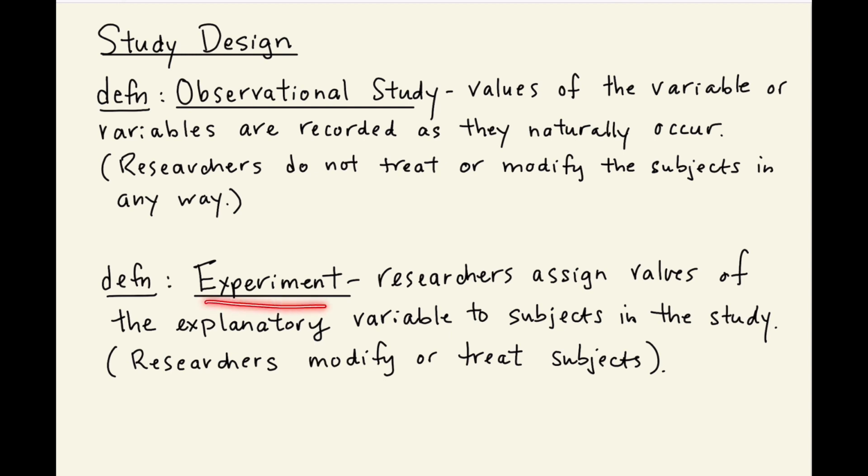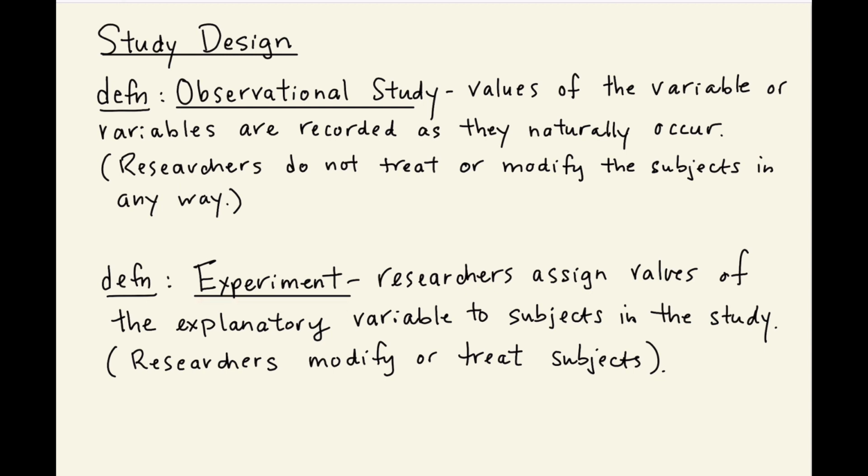In an experiment, the researchers assign the values of the explanatory variable to the subjects in the study. So the researchers do modify and treat the subjects. So in our second method, when the researchers assigned the individual subjects to either brand A or brand B or a placebo, that's an example of an experiment.